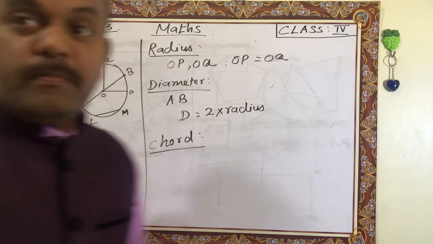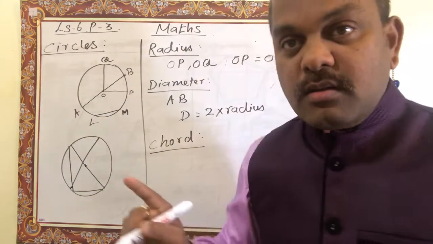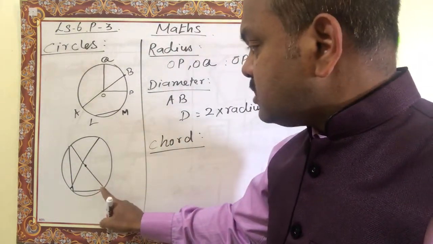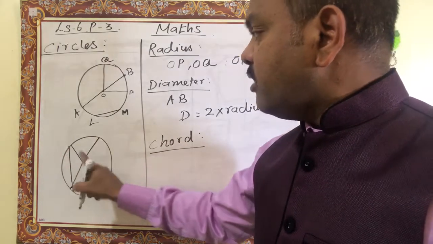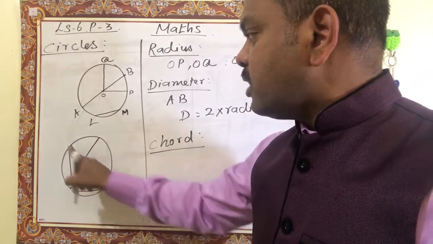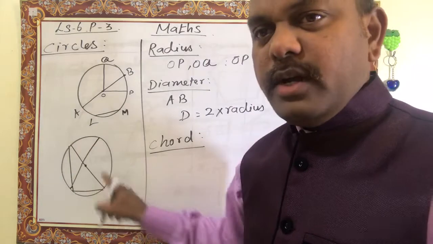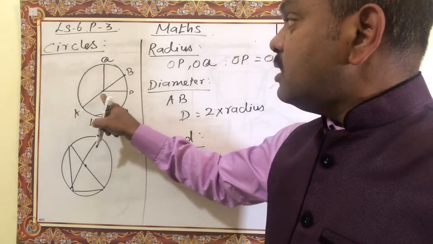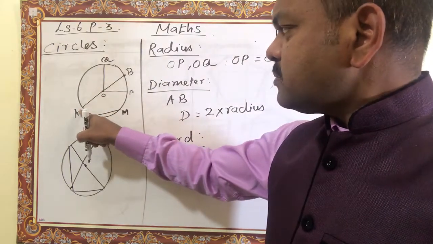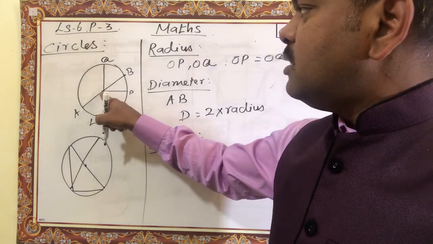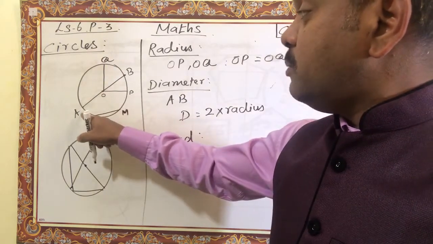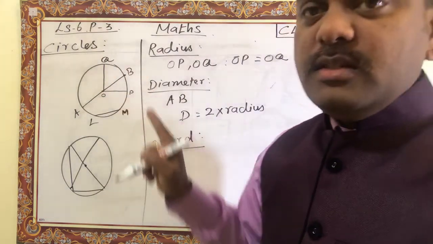Chord means a line segment we are drawing on the circle. The end points should lie on any point on the circle.